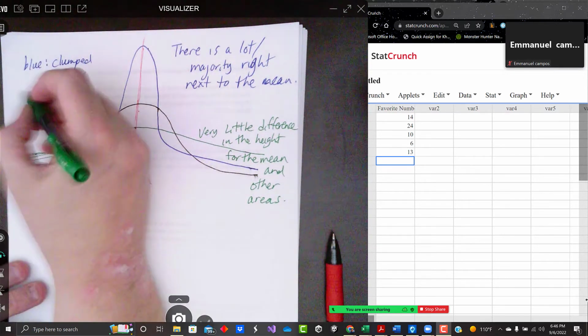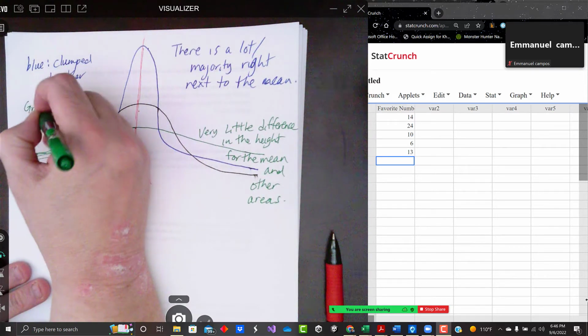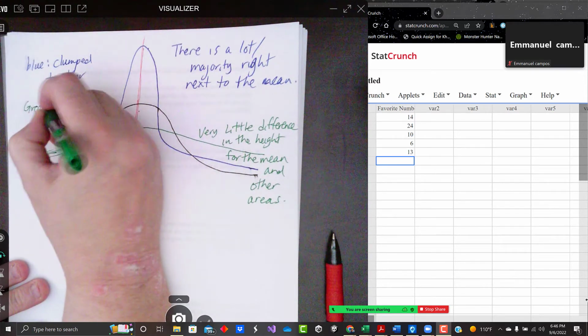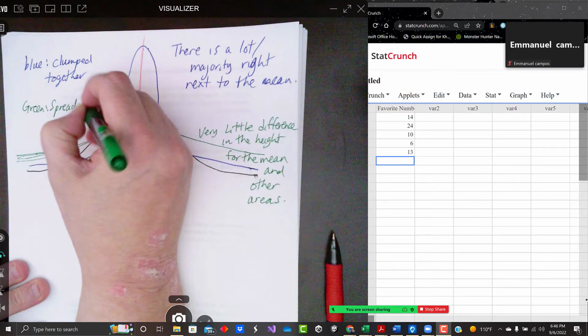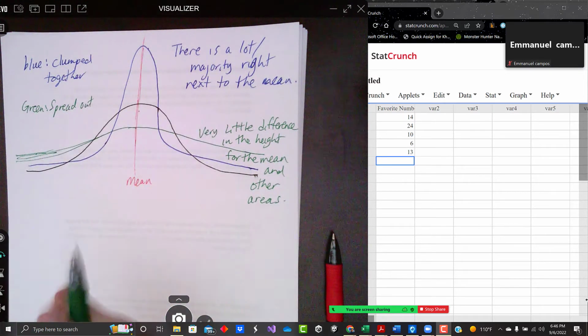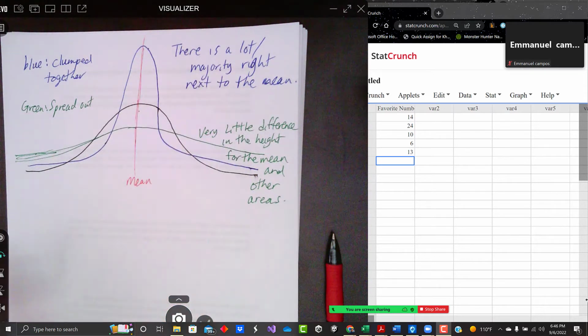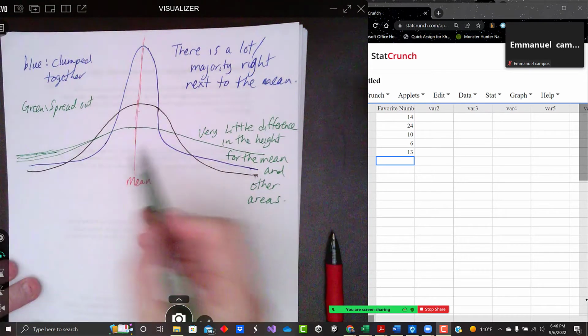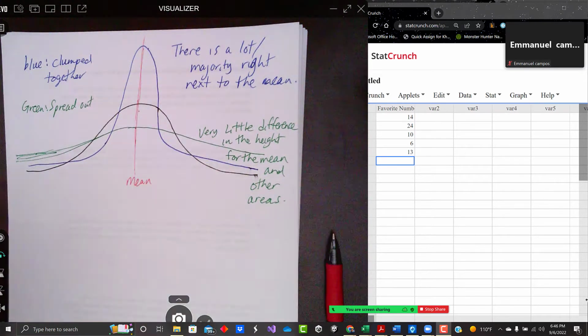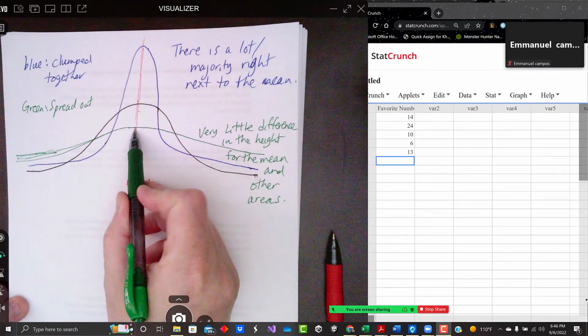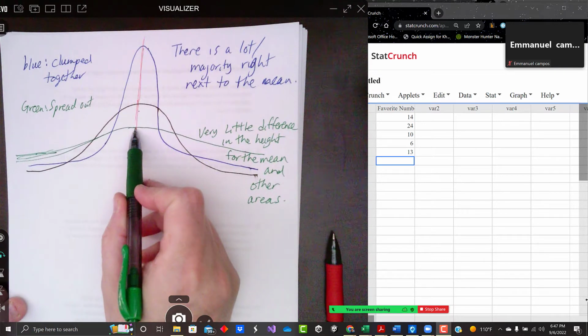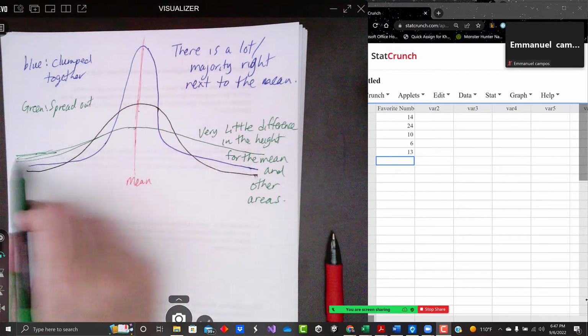And the green one is spread out. Like if you had a pile of sand. The blue one, all the sand stacked in one spot. The green one, the sand has kind of been spread out and leveled out some. Sure, it's a little bit higher in the center where the mean is, but it's still spread out more.